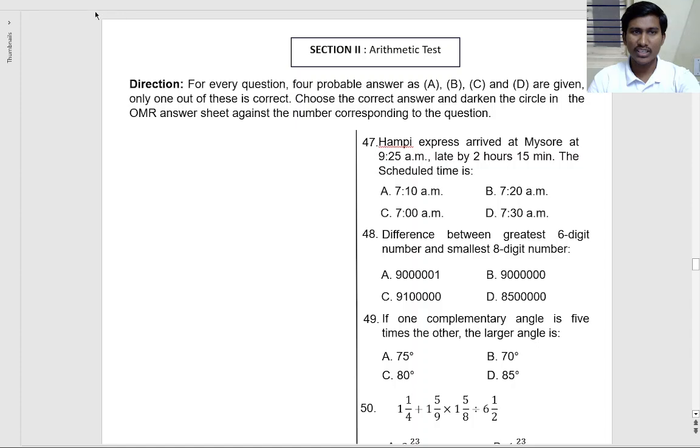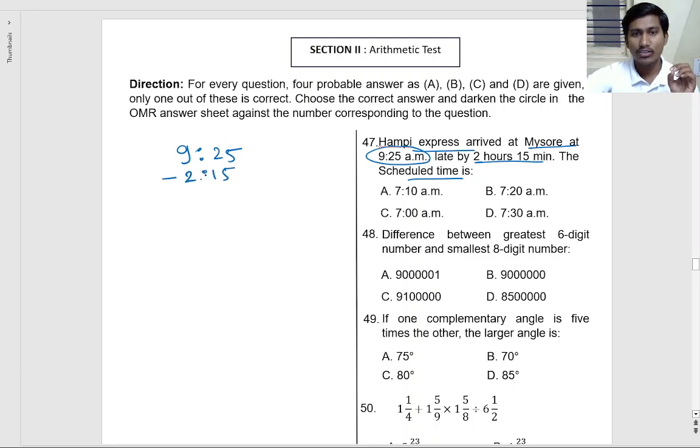So here, what is the question? The question is, Hampi Express arrived at Mysore at 9:25 am, late by 2 hours 15 minutes than the scheduled time. So 2 hours 15 minutes late means it has to come before that, right? So we have to subtract 2 hours 15 minutes.